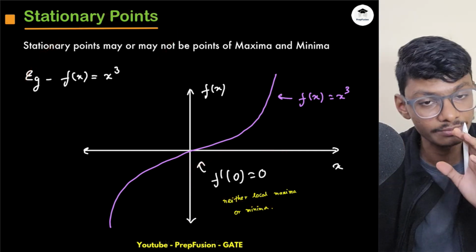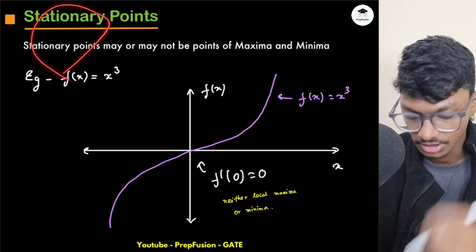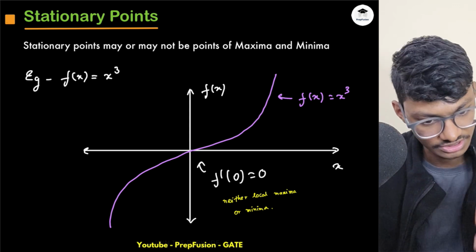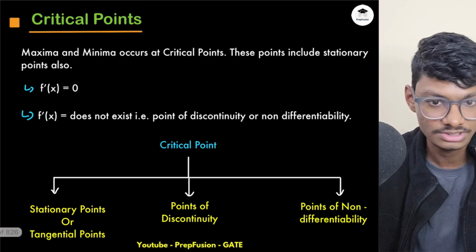So it doesn't necessarily mean that if my f dash of x equals 0, I will get a maximum or minima. So it doesn't necessarily mean that if I have a stationary point, that stationary point will be maxima or minima. Okay, so this was about the stationary points.